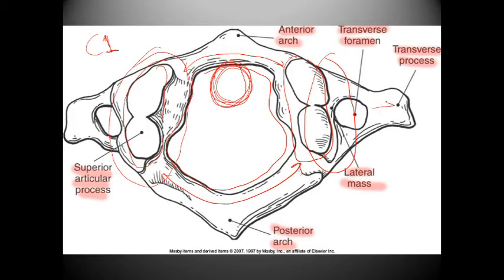We have a transverse process, which is formed from the union of the anterior and posterior arches. And we have the transverse foramen, essential for the cervical vertebrae to allow the passage of arteries and other vessels up.